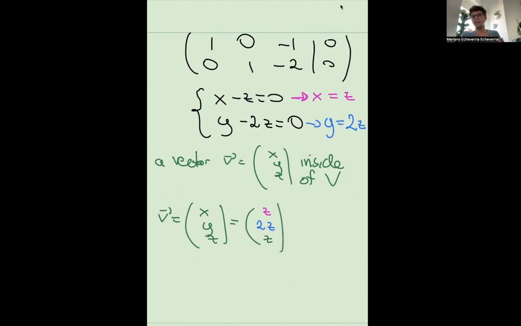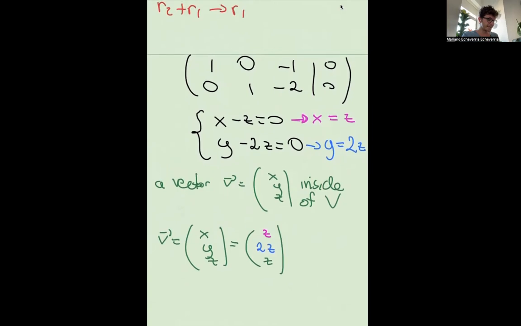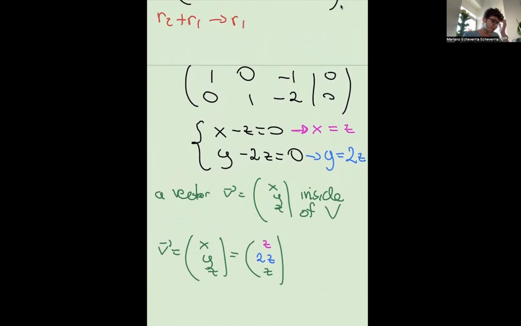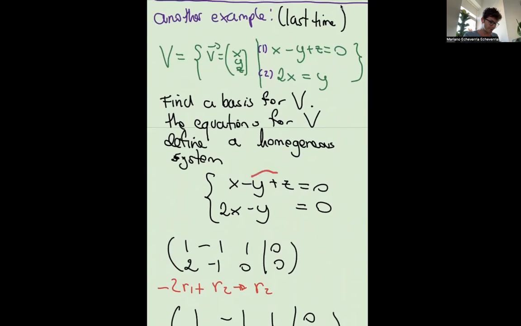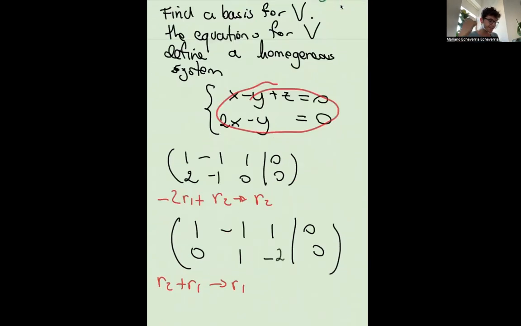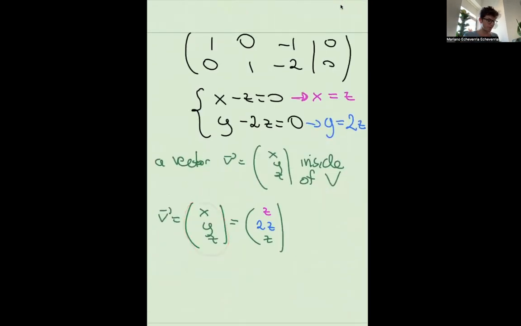But what that is saying, it's important to think about what this is saying, is that if you have a vector that satisfies these two original equations, it is secretly a multiple of the following vector. You can pull out the c.